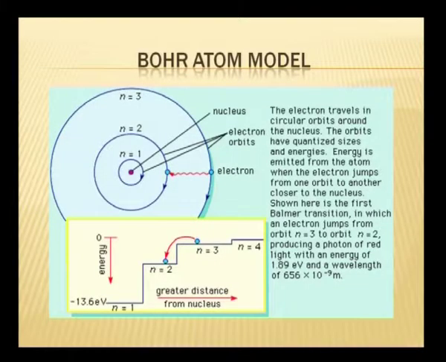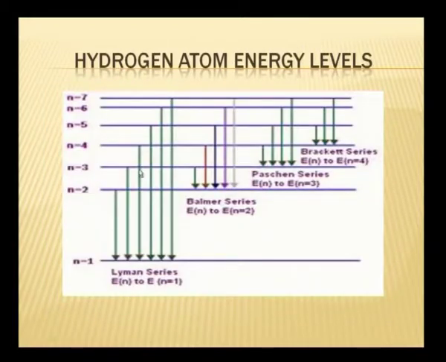Similarly, in the hydrogen atom, the electrons are continuously jumping from the lower state to the higher state and then to still higher states depending upon the energy that you are giving. In the reverse process, every system cannot be in the excited state, so they have to come down to the lower state. When they are coming down to the lower state, light is emitted in the form of photons.